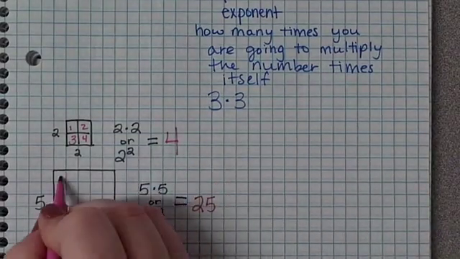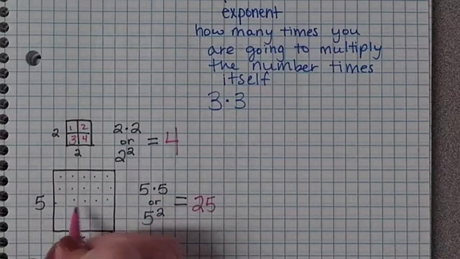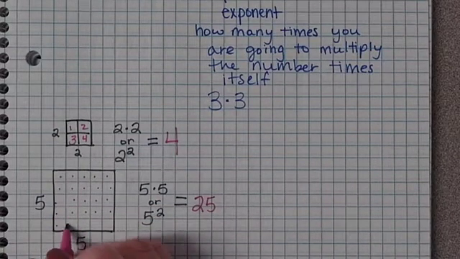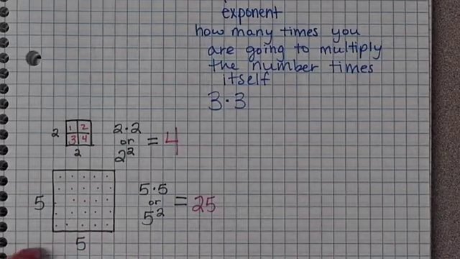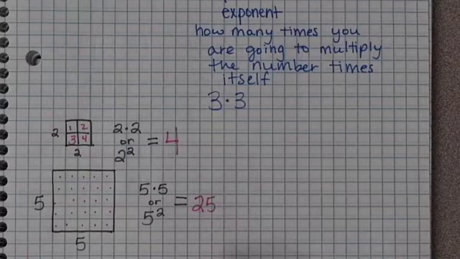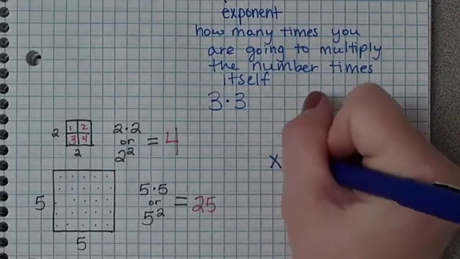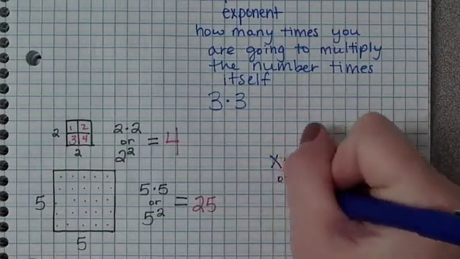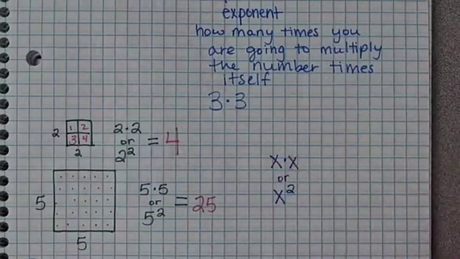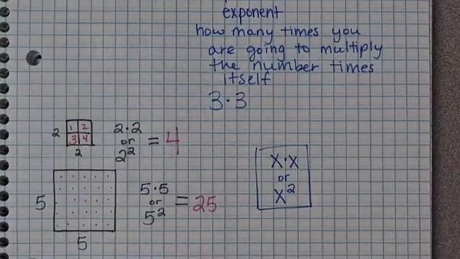So if you counted 1, 2, 3, 4, 5, 6, 7, 8, 9, 10, 11, 12, 13, 14, 15, 16, 17, 18, 19, 20, 21, 22, 23, 24, 25. So it would be 25. You can also see it as x times x or x squared. Just keep in mind that's for any number. Okay?